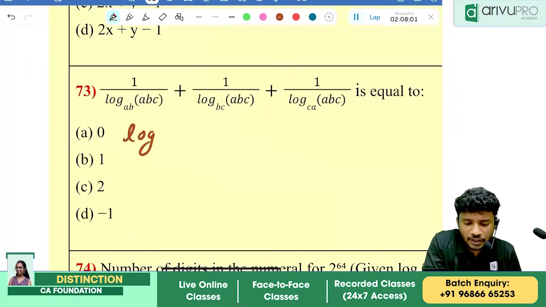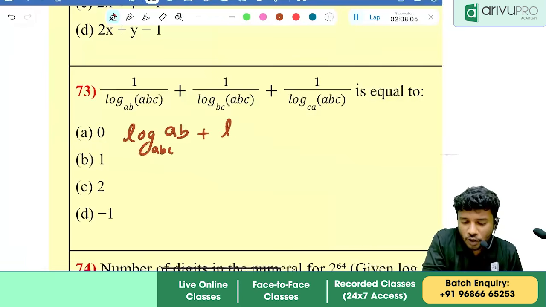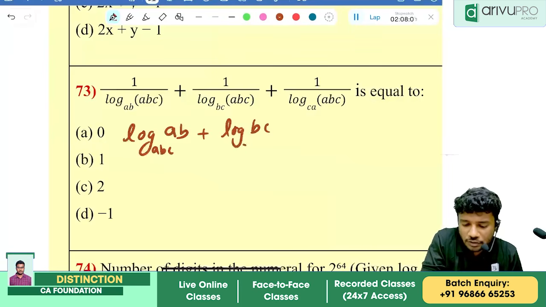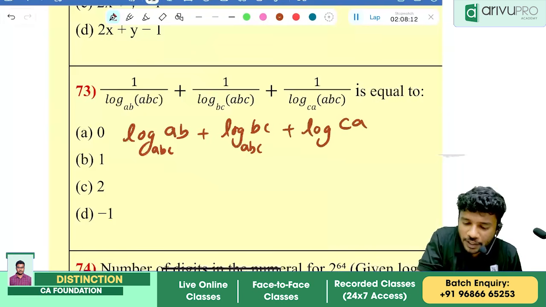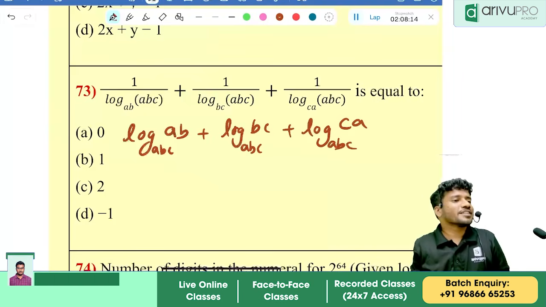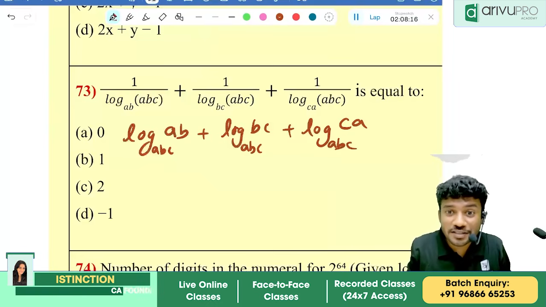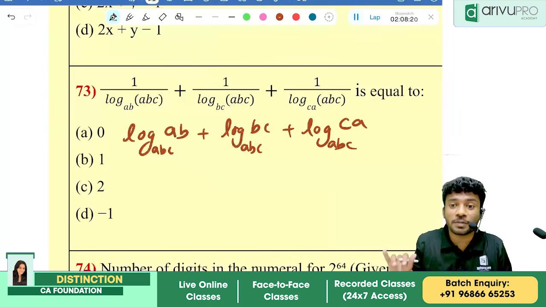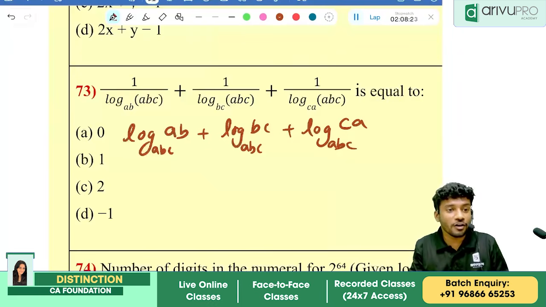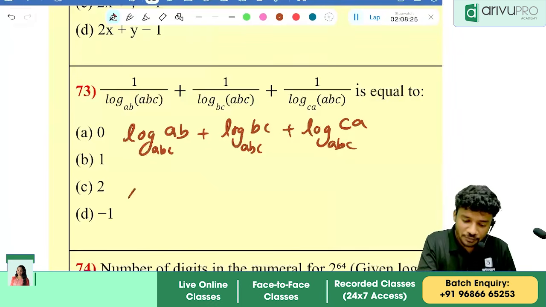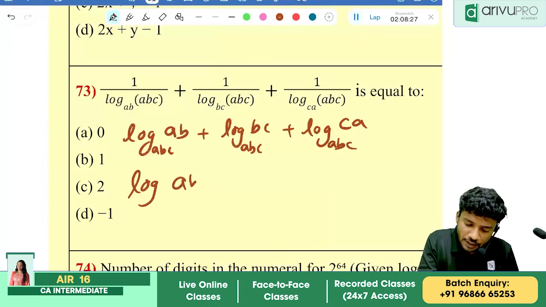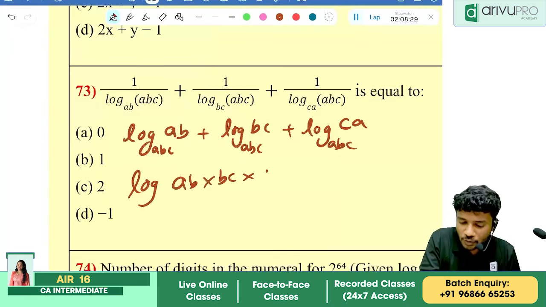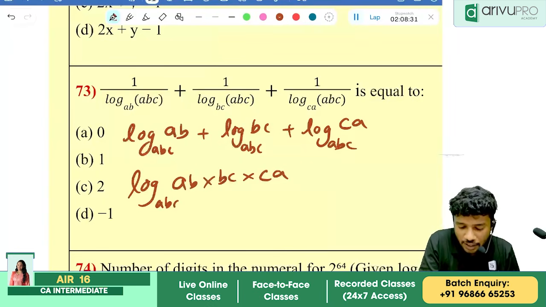Look here. Log of AB to the base ABC plus log of BC to the base ABC plus log of CA to the base ABC. The bases are the same, so the sum of the logs is the log of the product: log of AB into BC into CA to the base ABC.